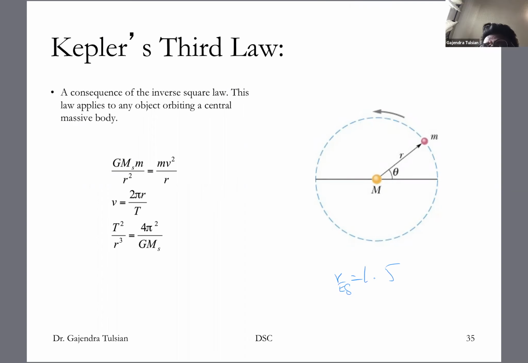Okay, so the Earth-Sun distance is 1.5 times 10 to the 6 kilometers, 10 to the 9 meters. Okay, so this distance was known for quite some time. So we know the period of the Earth, we know the Earth-Sun distance.